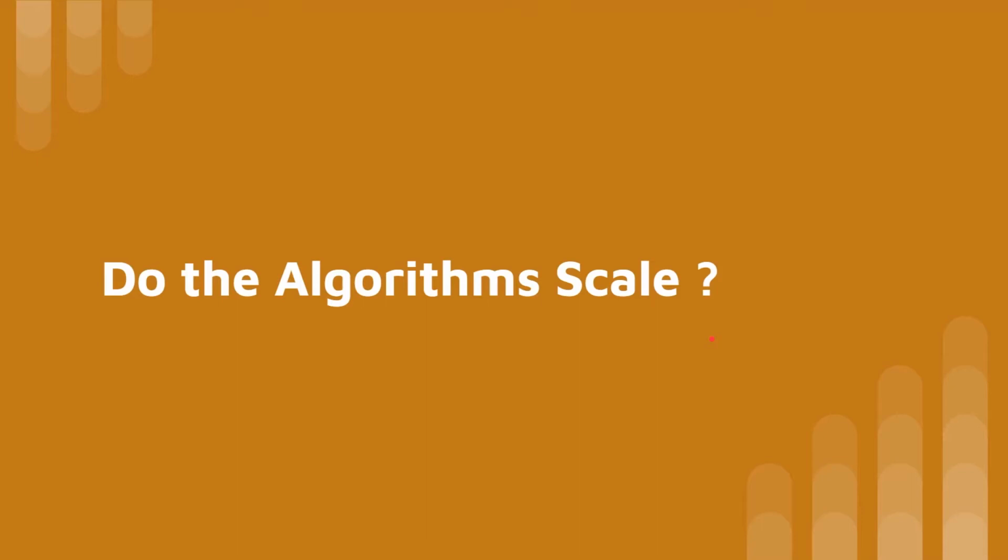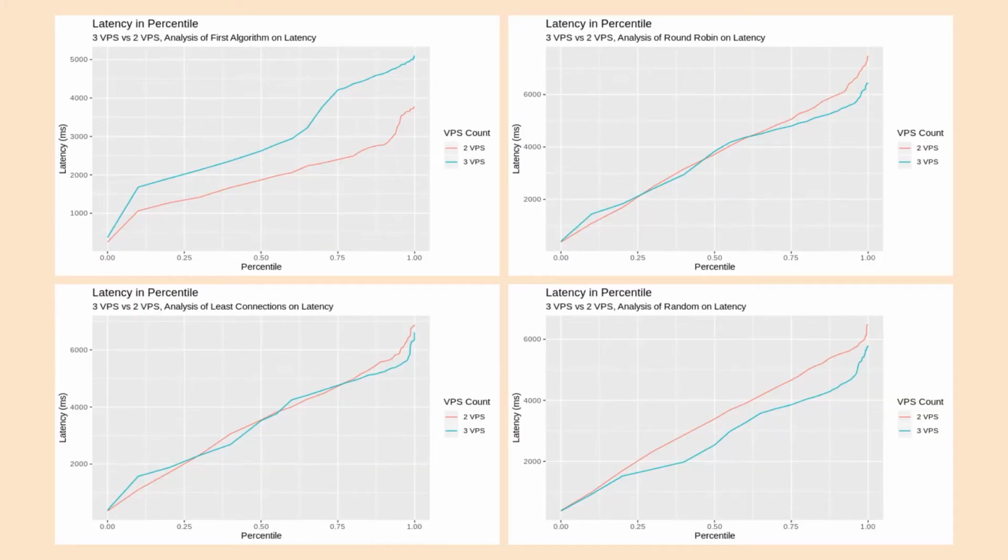The next question that I wanted to ask was, do these algorithms scale? I did this by checking the difference between 3 and 2 VPSs. Unfortunately, DigitalOcean has a limit on how many VPSs you can have, so I was limited at 3. Surprisingly, when it comes to the first algorithm, it actually performed way worse when I added another VPS.